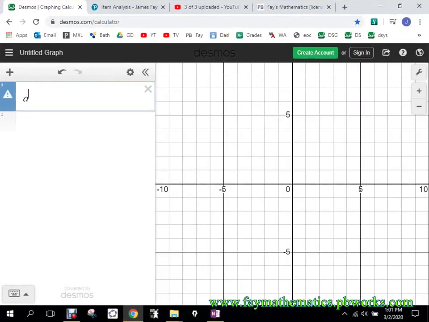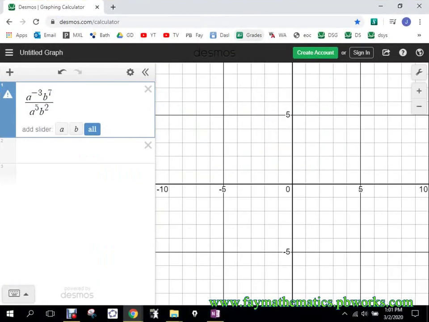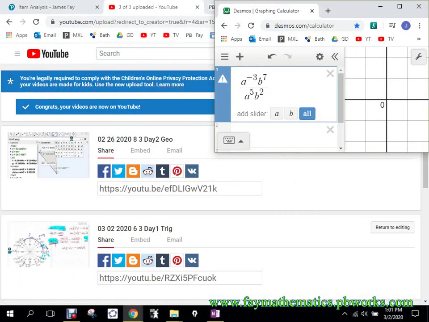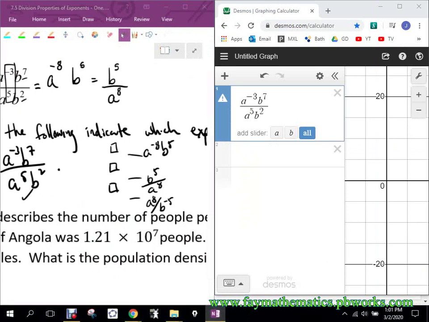I would take a to the negative 3rd, b to the 7th, and we'll divide that by a to the 5th, b squared. Is that okay with everybody? I'm going to type that into Desmos. That's the original problem, right? Just double check this real quick. I got that written right? Yeah. Okay. So now let's see if that is equivalent to these other things.